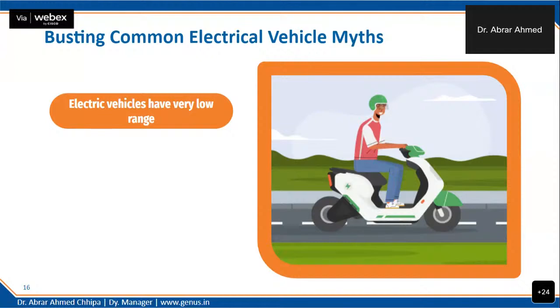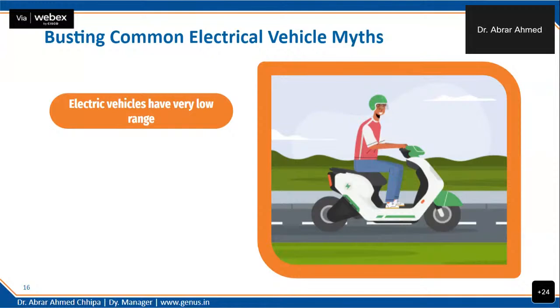The average range of electric cars available in the market is between 150 to 200 kilometers per charge, but it has increased. In 2022 or 2023, it has increased, and it is now available up to a range of 500 or 600 kilometers.